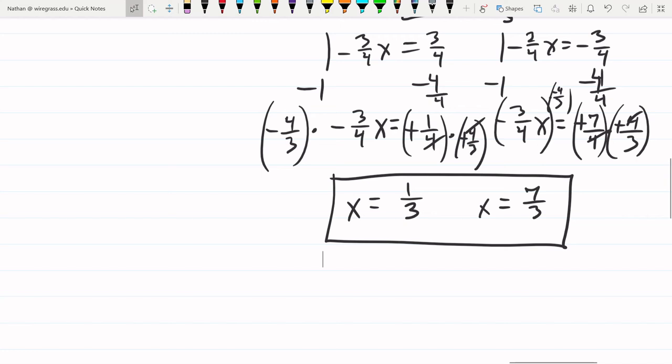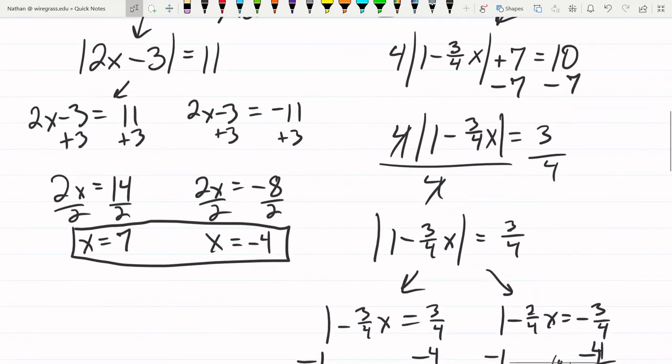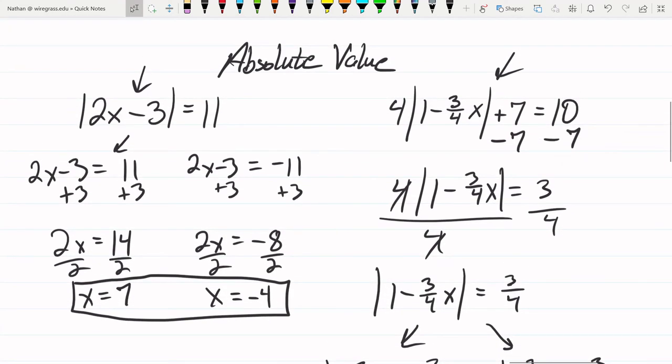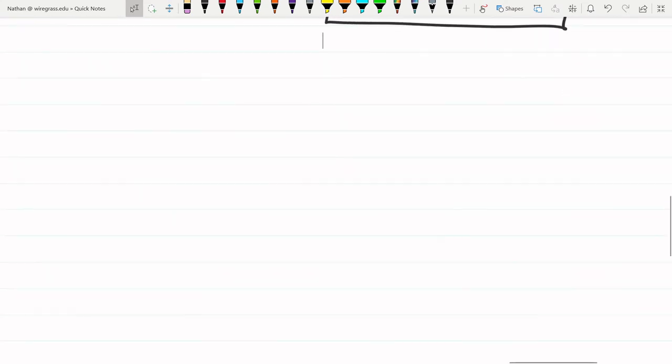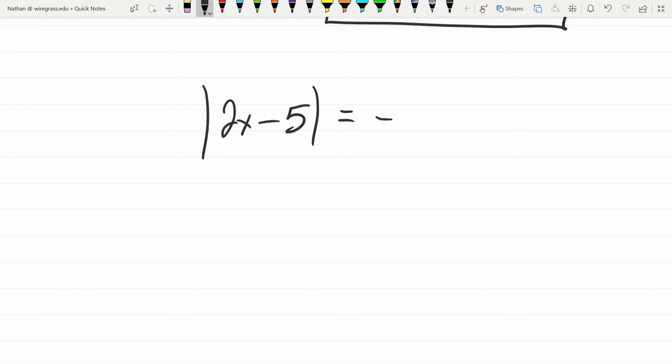There's one thing you should always remember, and that is a distance can never be negative. Which means if you ended up with an absolute value, something like, let's say we had 2x minus 5, and this equals negative 3, you can immediately stop the problem because this has no solution.